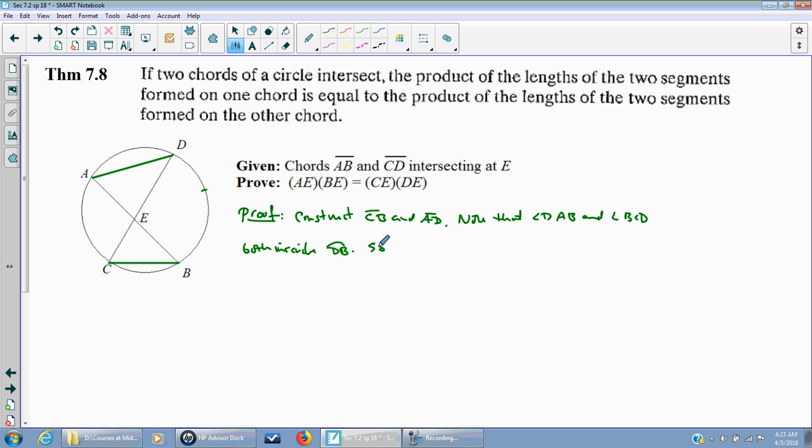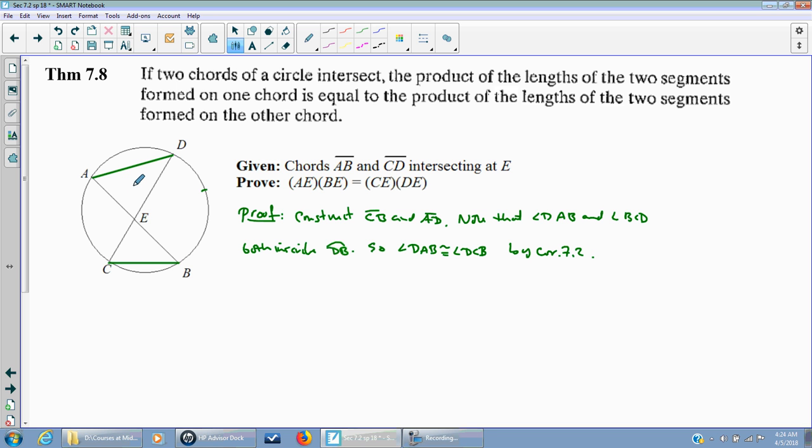So angle DAB is congruent to angle DCB. And if you go back into the previous section, this is a corollary 7.2.